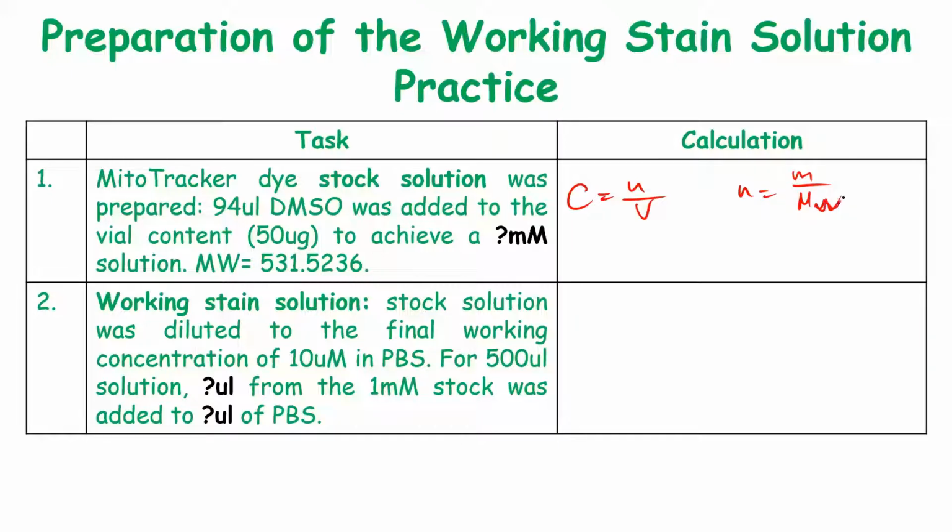So 531 is in grams, and we have the mass in micrograms. So we should convert it, it will be 0.05 grams divided by this 500. Sorry, it's not 0.05 grams. Sorry, Ali. We are going to talk to you after.